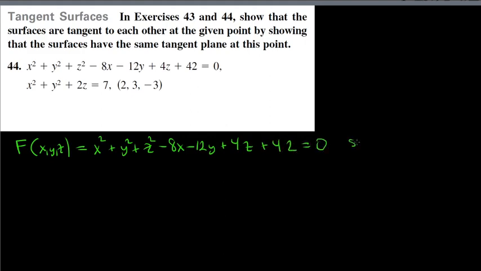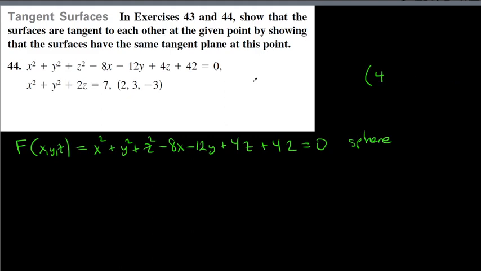So this is the equation of a sphere. It's just not centered at the origin, so the center might be some other point. I think the center is the point (4, 6, -2), but don't quote me on that. You just have to complete the square. It doesn't matter.